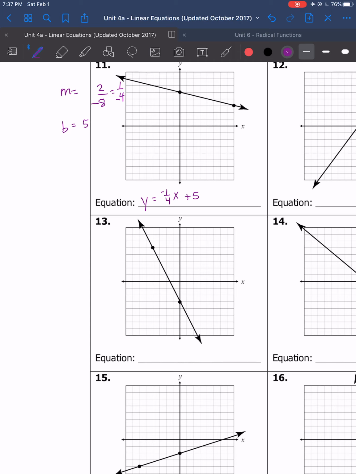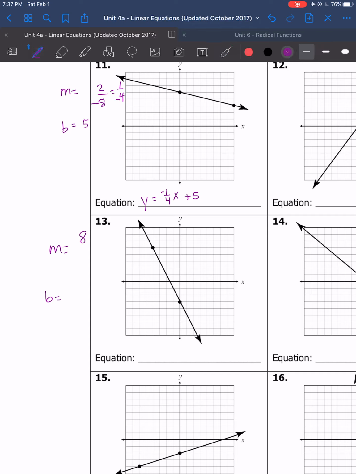And then I have 13. So I'm going to do my slope first. m equals and b equals. I'm rising first: 1, 2, 4, 5, 6, 7, 8.